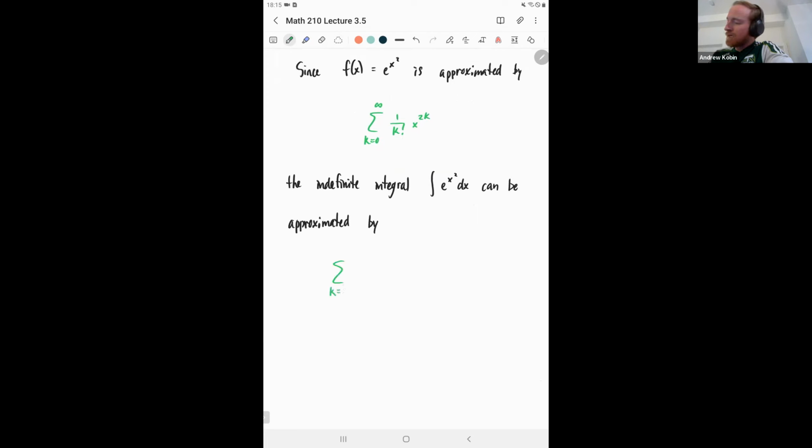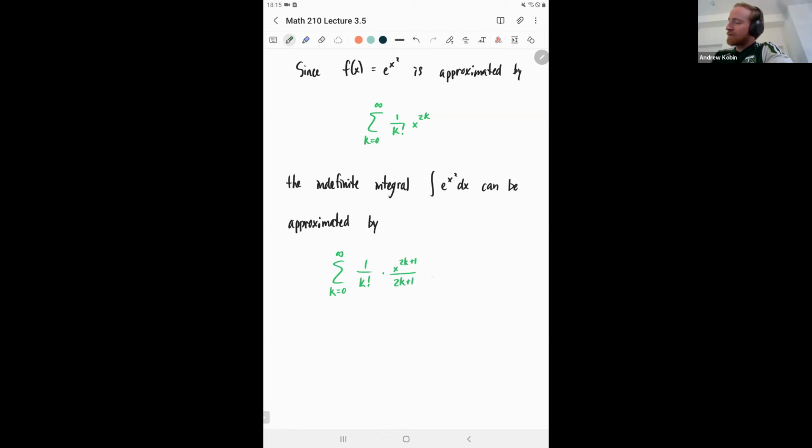It's going to be k equals 0 to infinity 1 over k factorial. And here's what we're going to do. I'm going to raise the power by 1, x to the 2k plus 1, and divide by the new power, which is 2k plus 1. So that's it.